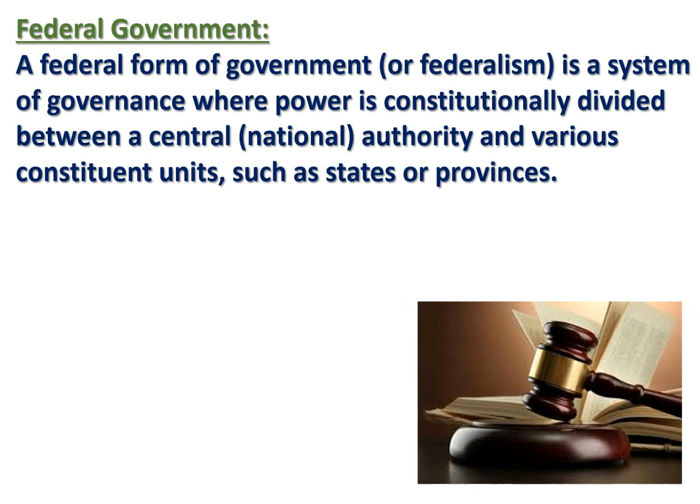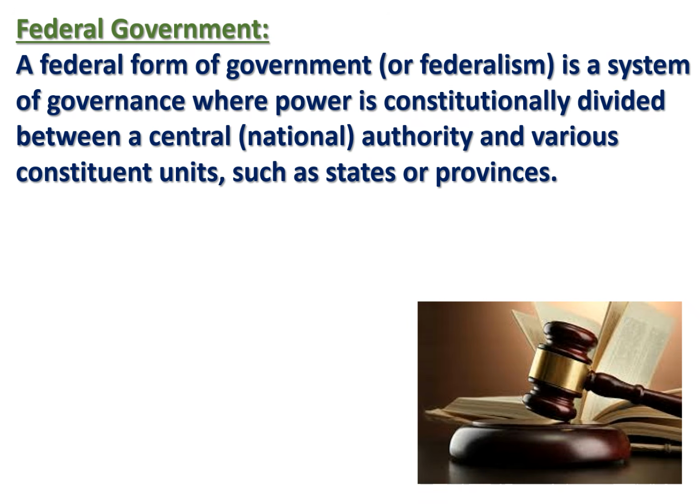A federal form of government is a system of governance where power is constitutionally divided between the center, a central authority, and various constituent units such as states or provinces. As per the constitution, the power must be divided between center and states in a federal form of government.